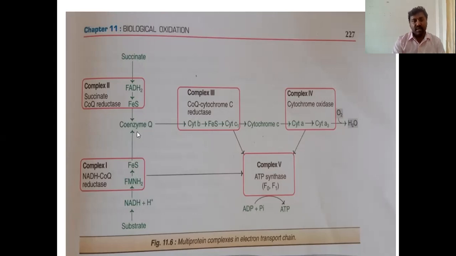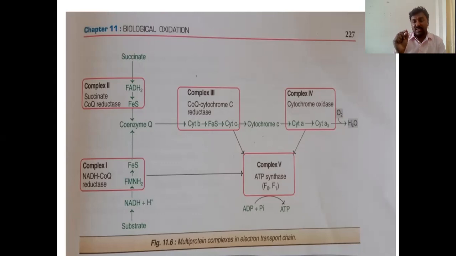That's all. Next, complex 2, succinate dehydrogenase. Otherwise you can write succinate to coenzyme Q. Why is it called reductase? Because coenzyme Q is reduced; it takes the electrons.